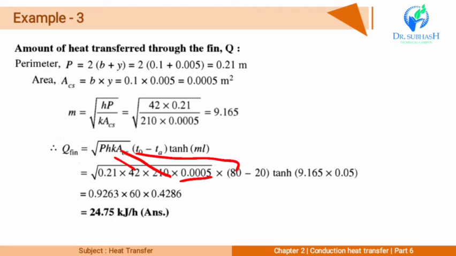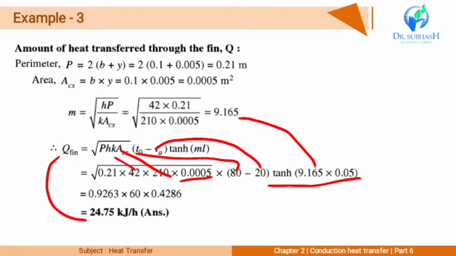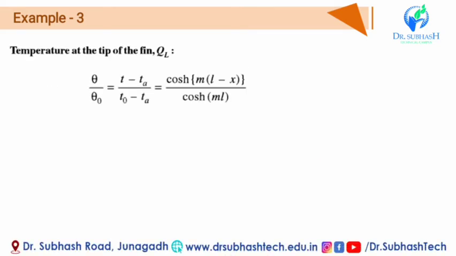T0, that is the base temperature, is equal to 80, atmospheric temperature is 20, and tanh m into L, where m is equal to 9.165 and length is equal to 0.05. So now we find out Q is equal to 24.75 kilojoule per hour.